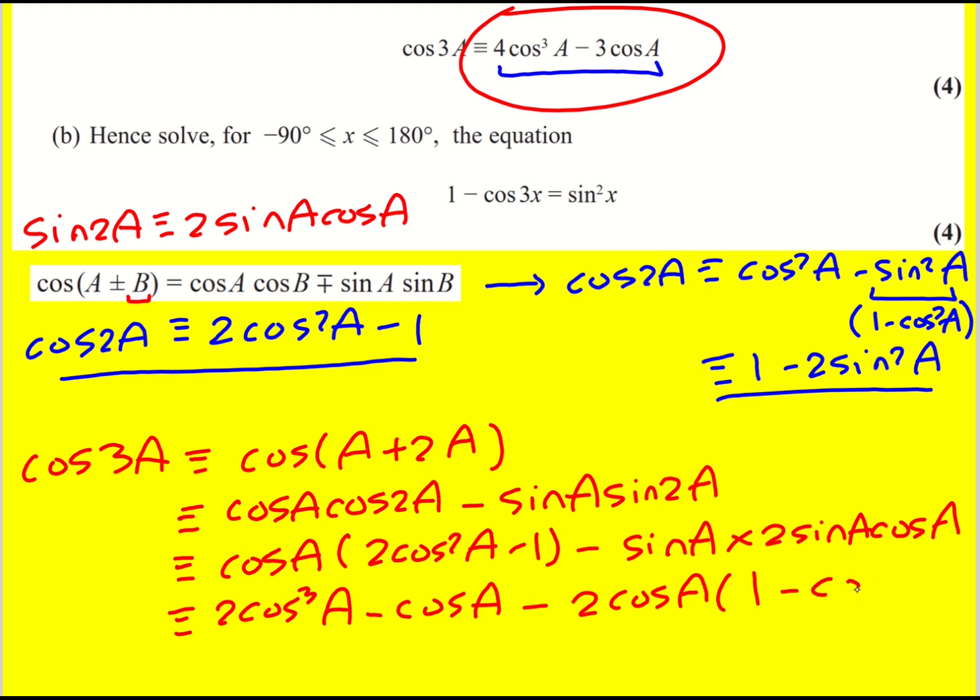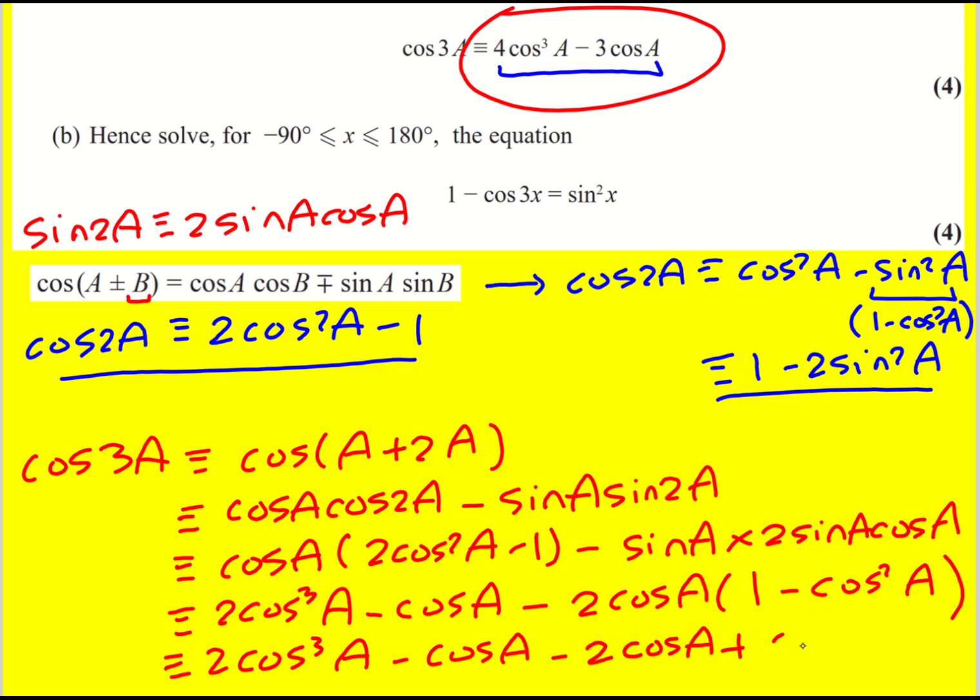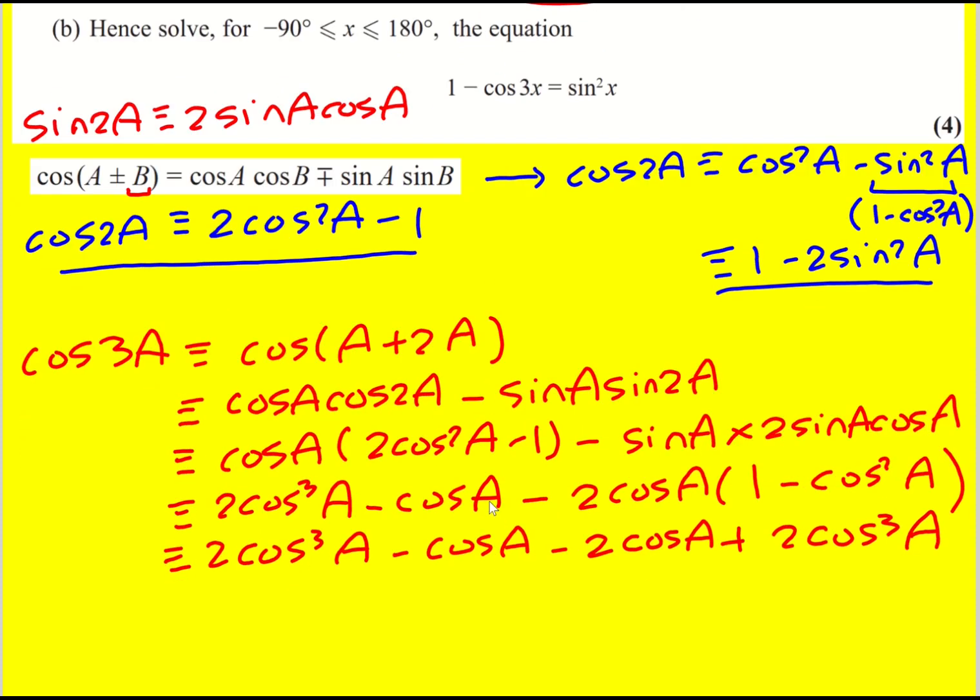I'm going to straight away write it as 1 minus cos squared a, because sine squared plus cos squared is 1. We're very close now. So I'll minus 2 cos a, and then I will plus 2 cos cubed a. That's going to give me my answer. I'm going to get 4 cos cubed a minus 3 cos a as required.